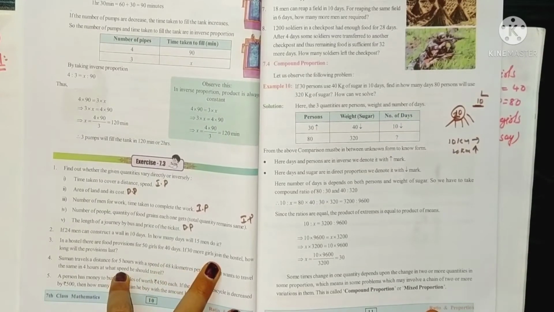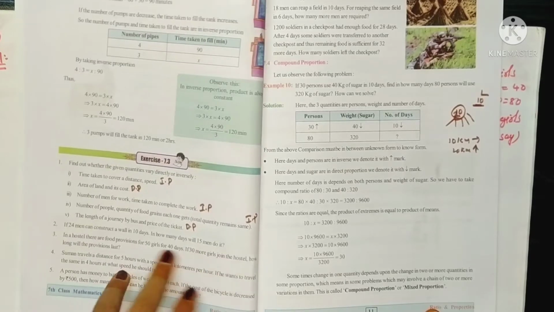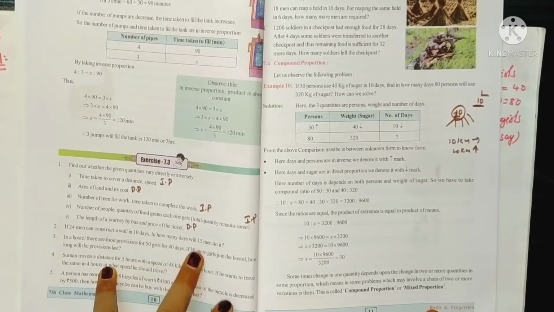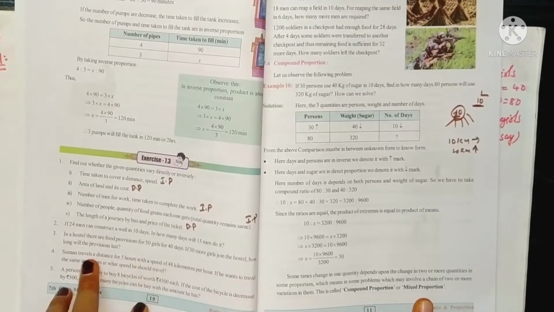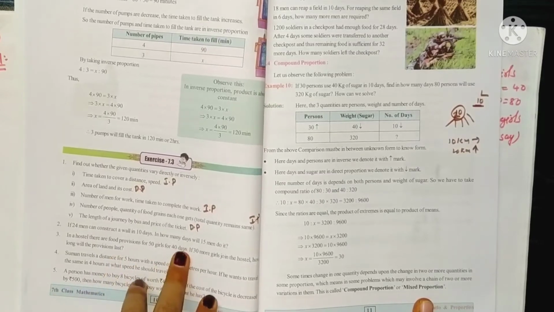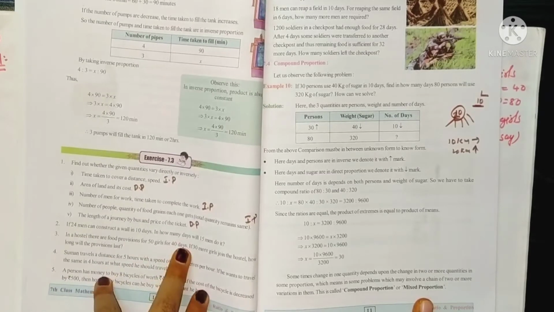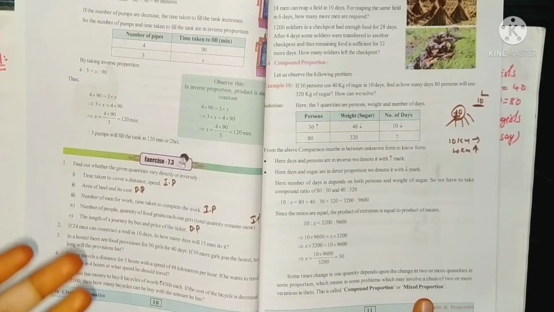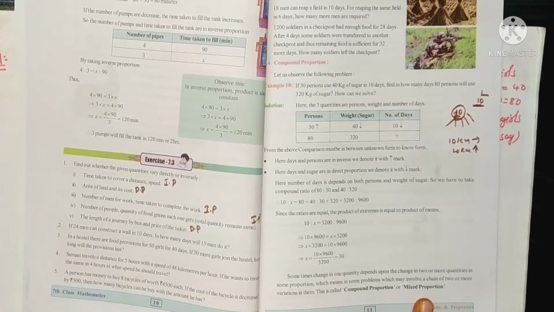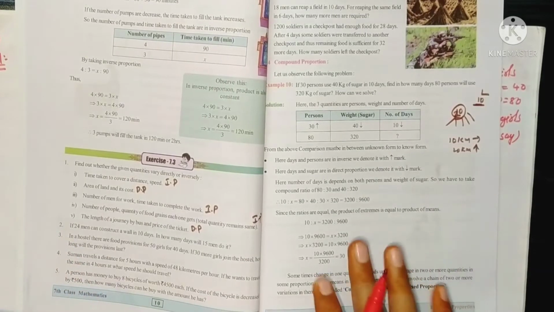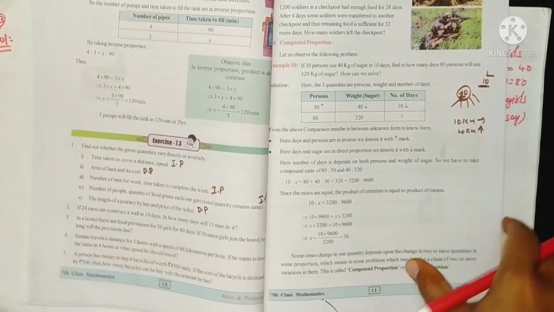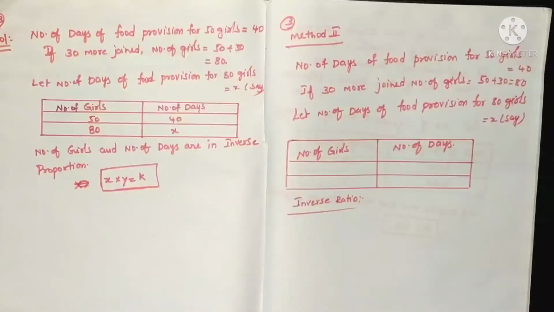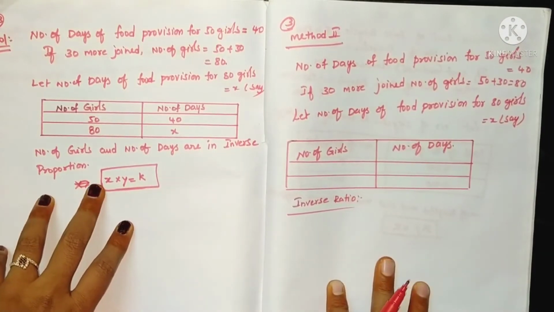If 30 more girls join in the hostel, ఫస్ట్ 50 ఉన్నారు అండ్ తర్వాత ఇంకో 30 వస్తున్నారు అంటే 80 girls అవుతారు. అప్పుడు, రైట్? సో హౌ లాంగ్ విల్ ద ప్రొవిజన్స్ లాస్ట్? 40 days వచ్చాయి కదా 50 girls ఉన్నప్పుడు. మరి ఇంకొక 30 యాడ్ అయ్యి అంటే 80 అయినప్పుడు ఎన్ని డేస్ వస్తాయి అని అంటే డెఫినెట్గా తగ్గుతుంది కదా పిల్లలు. సో మెంబర్స్ పెరిగే కొద్ది ఫుడ్ మనకి తక్కువ డేస్ వస్తుంది కదా. సో ఇన్వర్స్లీ ప్రపోర్షనల్.